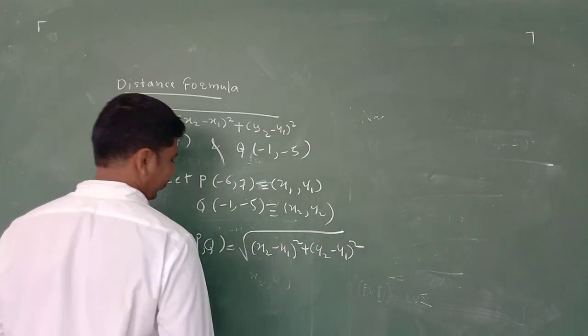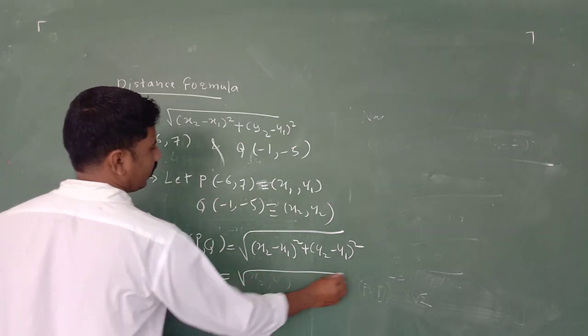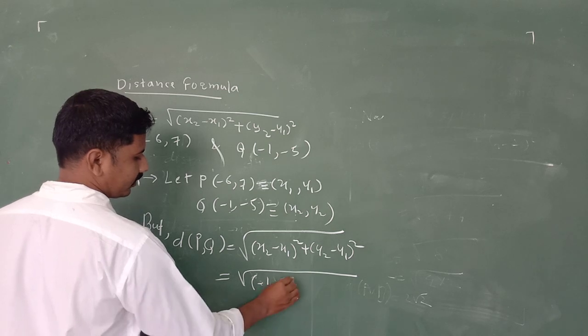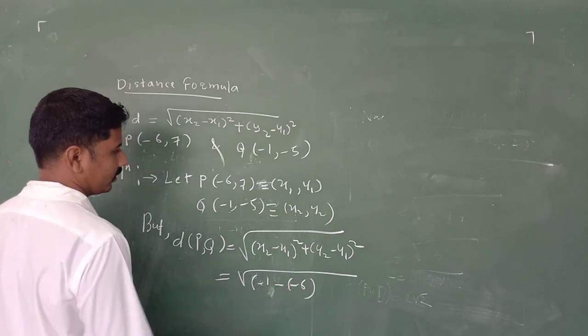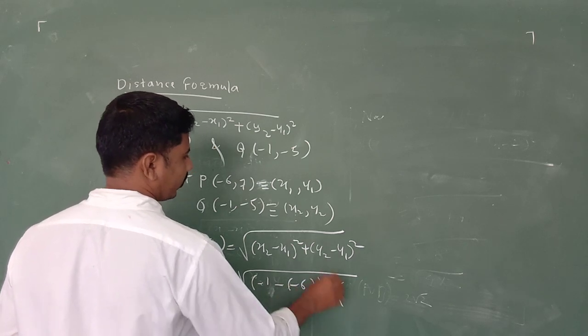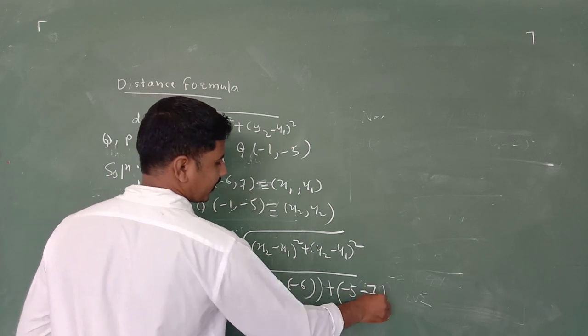Write down this formula. Then under root, what is x2? Minus 1 minus 6, bracket complete. Plus y2, minus 5 minus 7.